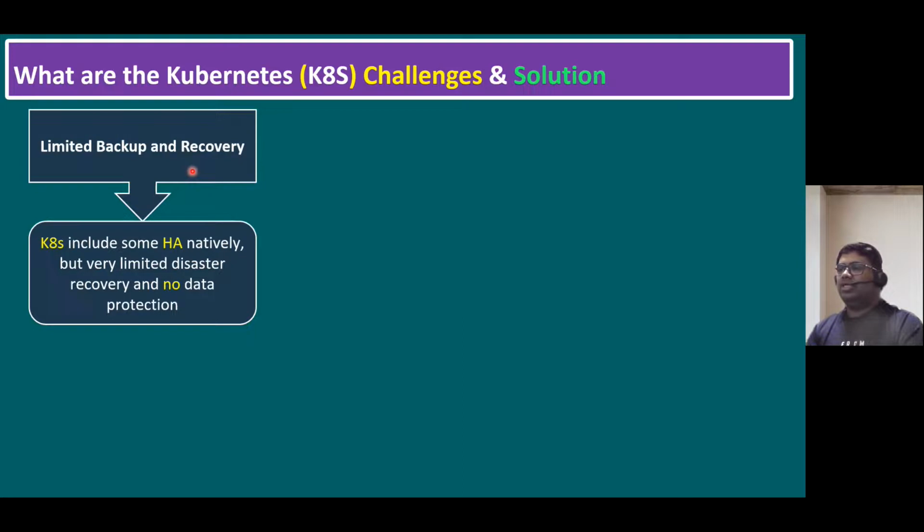But Kubernetes and containerization platforms are not similar to traditional applications, like tier-based or monolithic applications. These Kubernetes architectures consist of microservice-based architectures. So normal traditional backup tools will not support this, because Kubernetes includes some high availability natively, but very limited disaster recovery and no data protection. So that is one challenge.